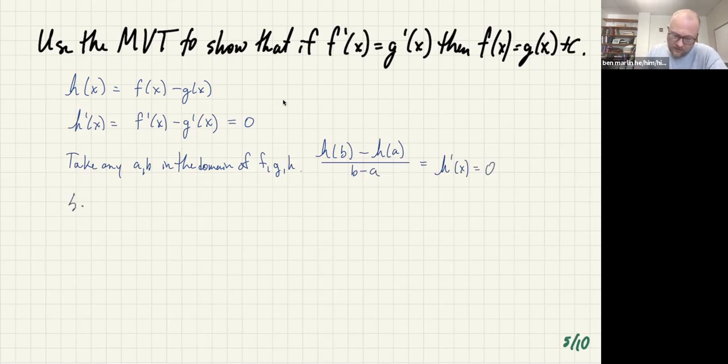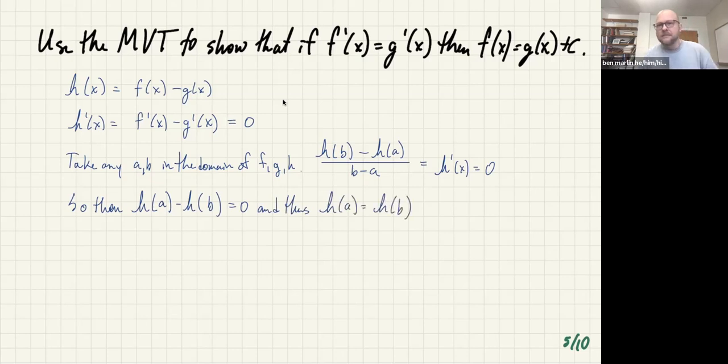So this means h of a minus h of b, I wrote that backwards, but it doesn't matter, is always equal to 0. And thus h of a equals h of b. So that means that this function, h of x, is a constant.